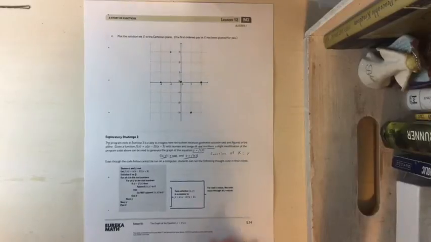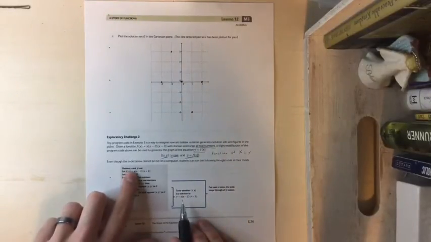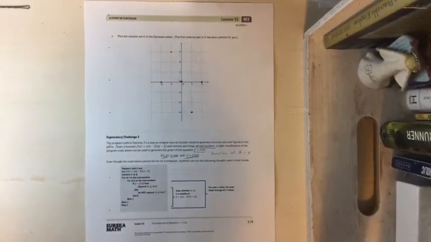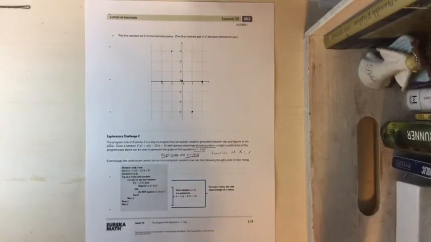Right below it says, even though the code below cannot be run on a computer, students can run the following thought code in their minds. So this is one that we just have to think about and conceptualize. Same thing, declare x and y as real. We're going to let f of x equal that wonderful thing. And we're going to put in set notation, for all x in the real numbers.